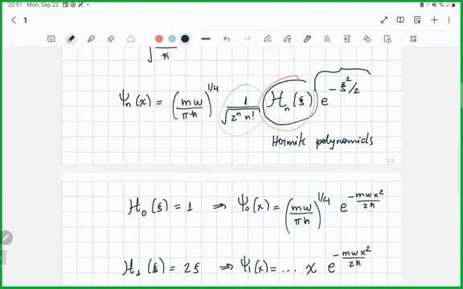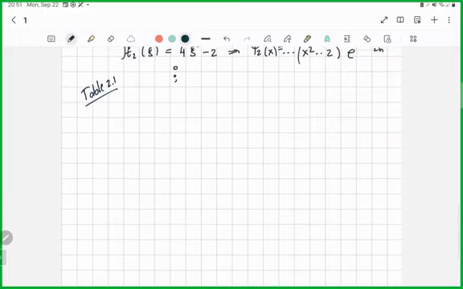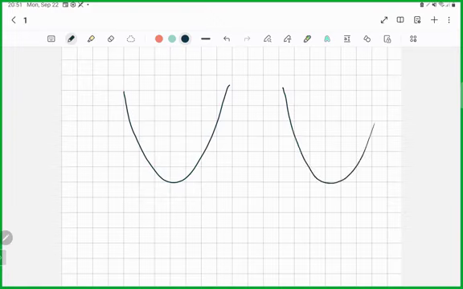But what are we going to do with this? We repeat that all information about a system in quantum mechanics is contained in its wave function. So let's try to make plots for the wave functions, okay? So here I'm going to have a drawing for our harmonic oscillator, so for the potential energy. And on top of this potential, we are going to try to draw the wave function.